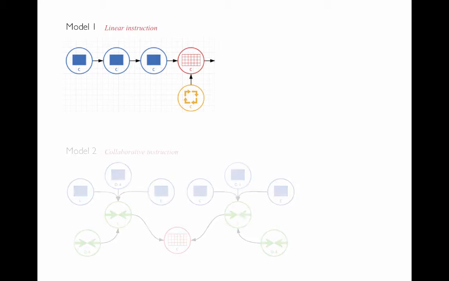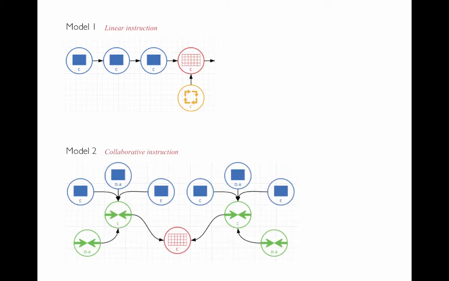So now let's look at a second model for comparison. Model 2 is a piece of collaborative instruction, and in this case the arrows that face each other delineate dialogue or discussion. And so here we have discussion going on both in a classroom and outside of a classroom that's being augmented by several pieces of resources.